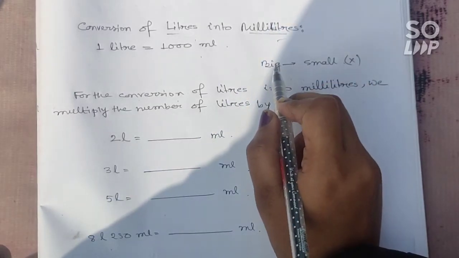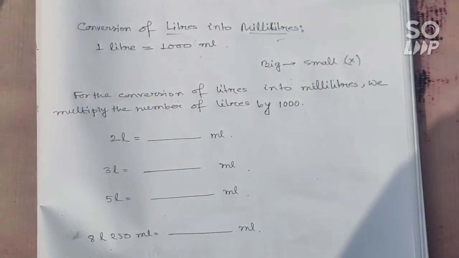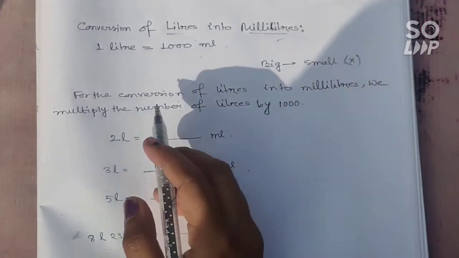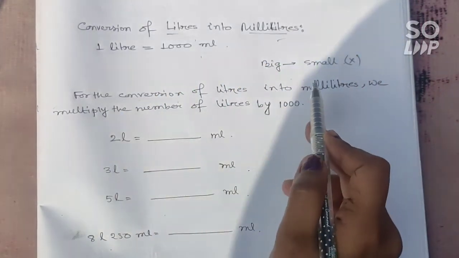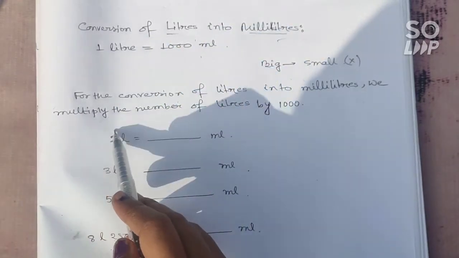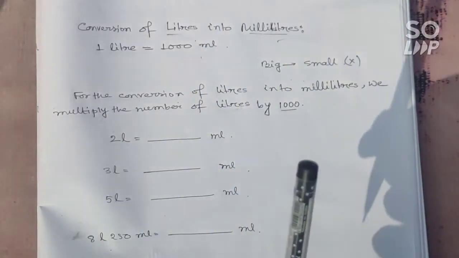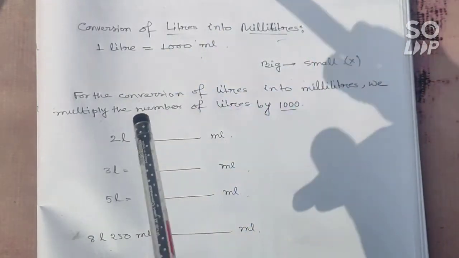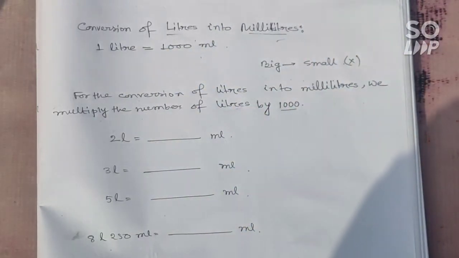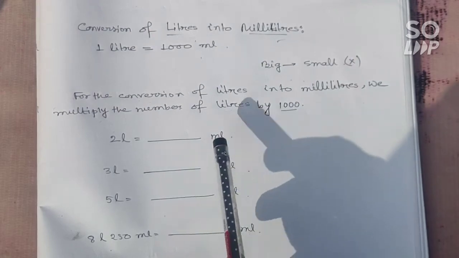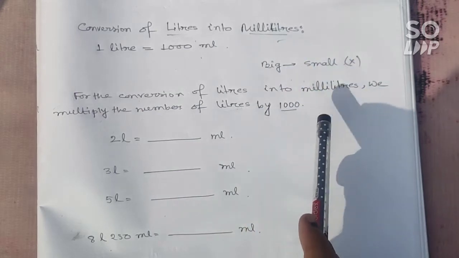Bigger কোনো কিছুকে smaller কোনো কিছুতে convert করতে গেলে আমাদেরকে always multiply করতে হয়. So for the conversion of liters into milliliters, we need to multiply the number of liters by 1000, because 1 liter equals 1000 ml.